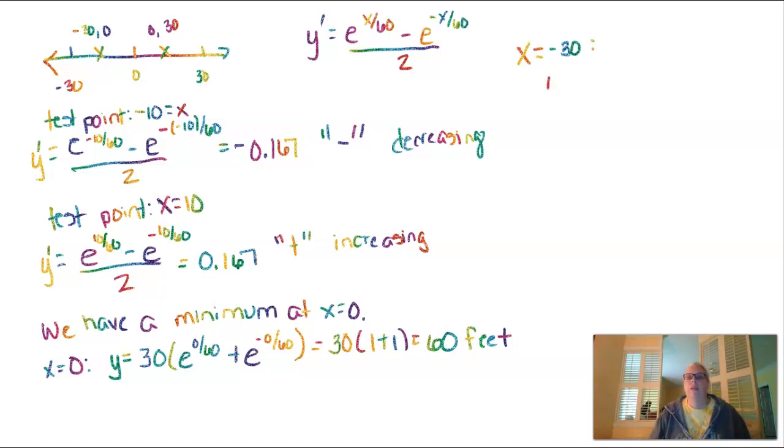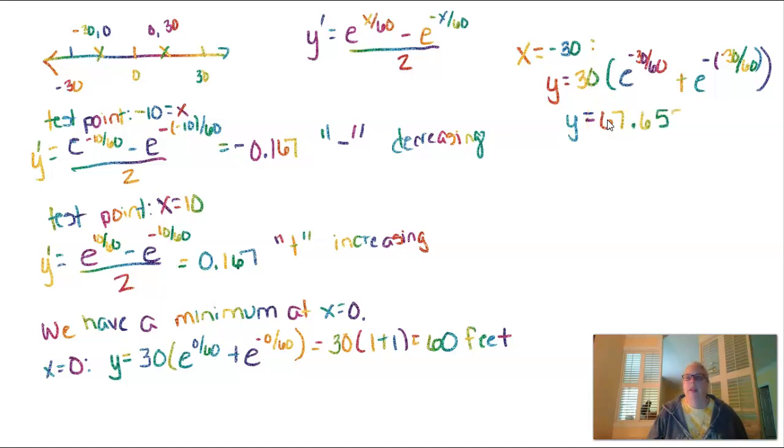Okay, so we'll have y equal to 30 times e to the negative 30 over 60 plus e to the opposite of negative 30 over 60. And I'll put that in my calculator and see what I get. This is giving me 67.658 feet when I round it off to 3 decimal places.